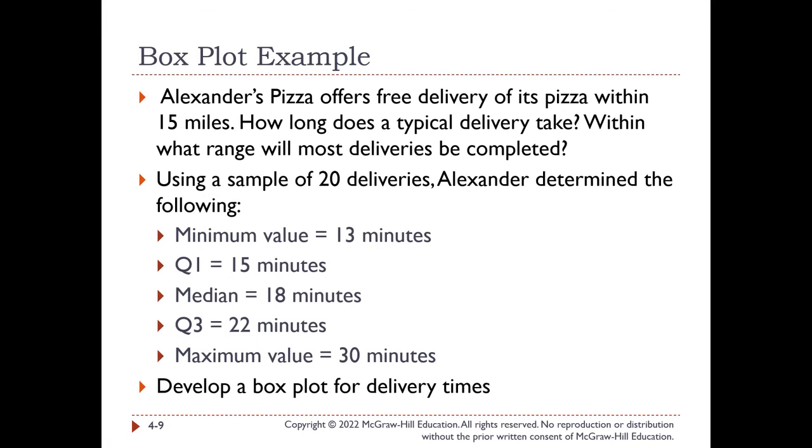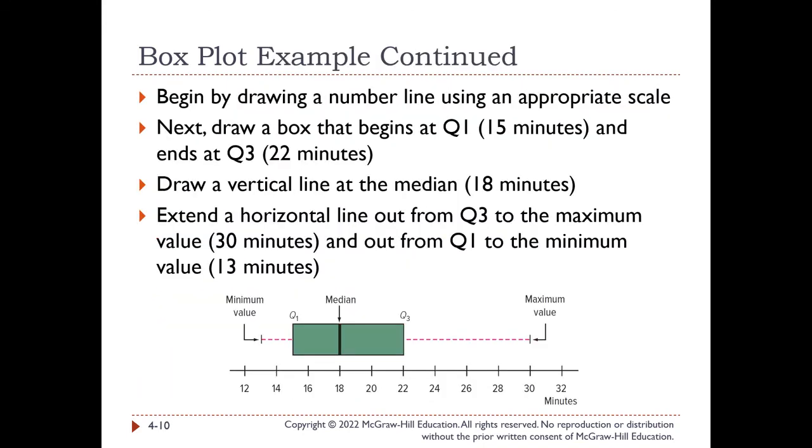Then they want you to develop the box plot. Again, I think they might have missed the example just slightly on that. So, you begin by drawing a number line using the appropriate scale.